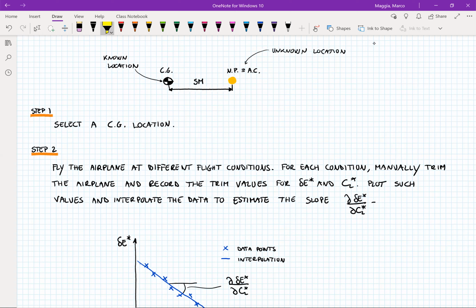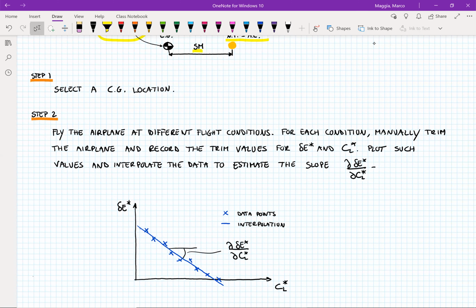So let's say that, for the sake of simplicity, the center of gravity is known. And we want to determine where the neutral point or the aerodynamic center is. So we need to find the static margin. So let's fix a location for the CG.